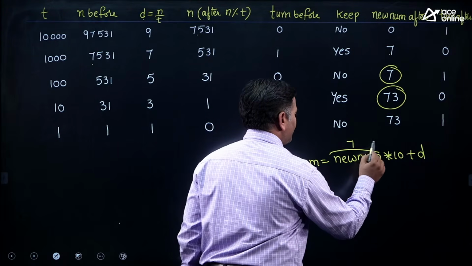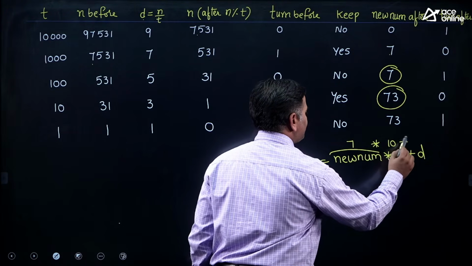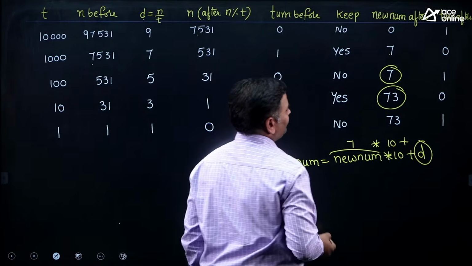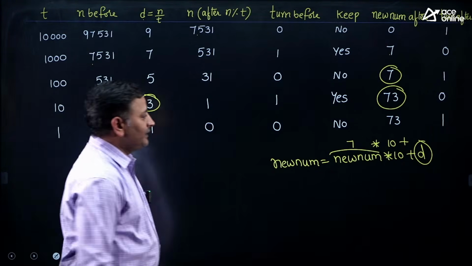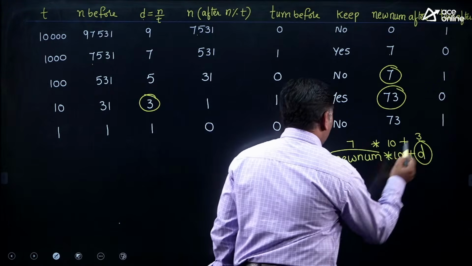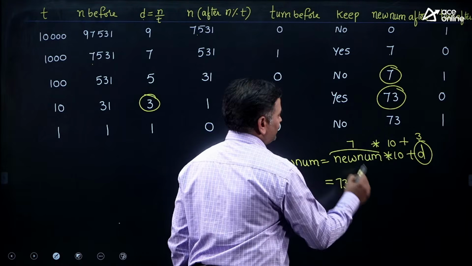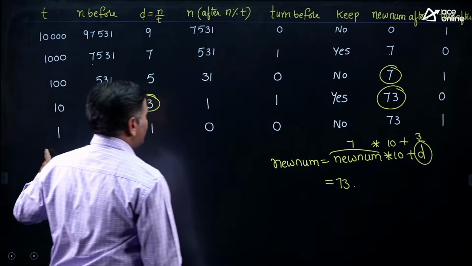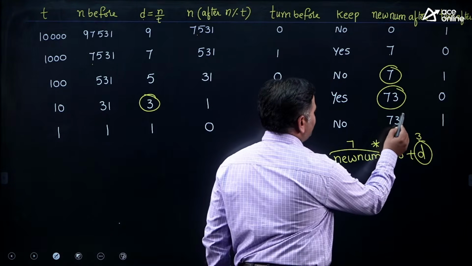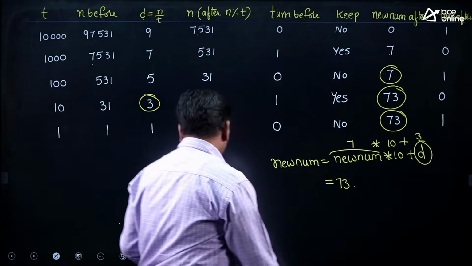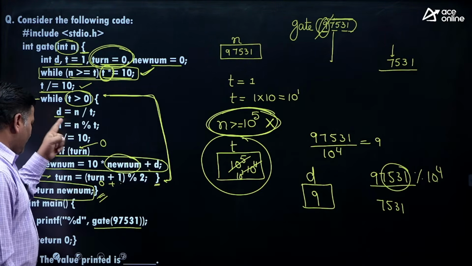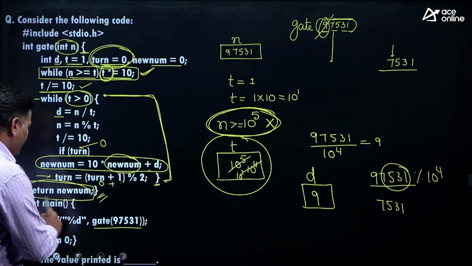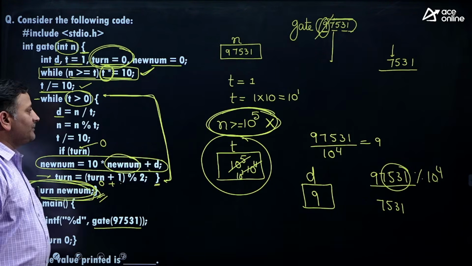Therefore, it is 7 into 10 plus d. d indicates the digit we are holding. What is the digit we are holding? 3. Therefore, it is 70 plus 3, which equals 73. So finally, the value stored in new num is 73, friends. If you come back to the algorithm, after completion of this loop, it will finally return new num. So the value of new num is 73.